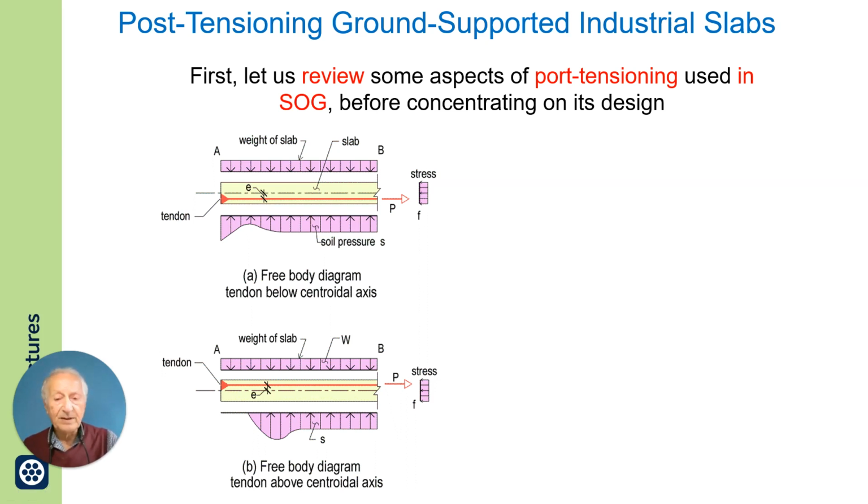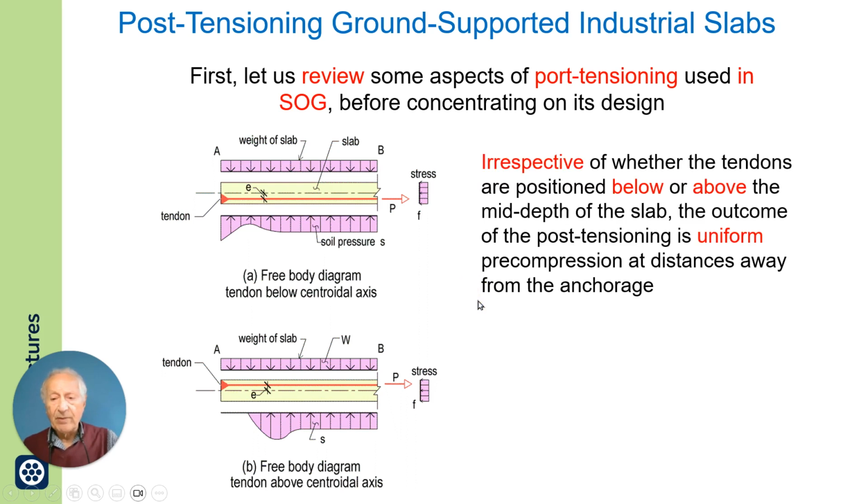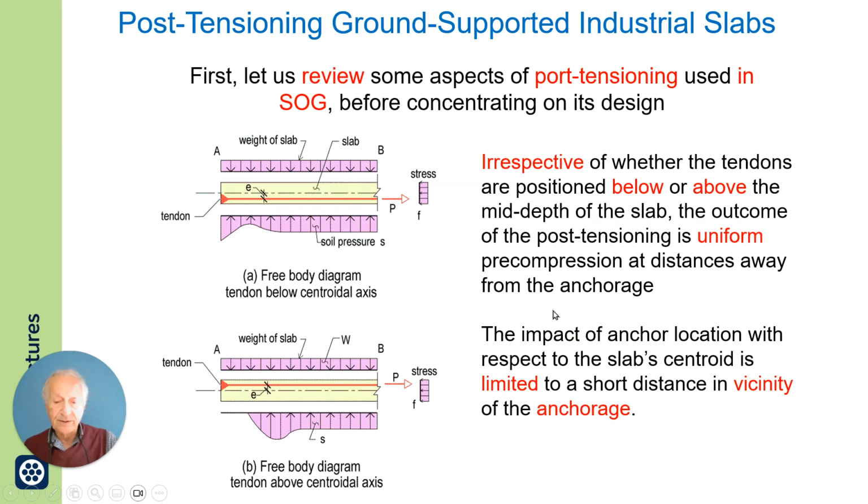This is described in a reference that is given in the book, the proof of it. It says, irrespective of whether the tendons are positioned below or above the mid-depth of the slab, the outcome of the post-tensioning is uniform precompression at distances away from the anchorage.